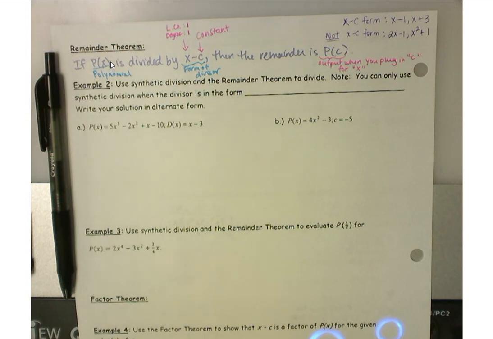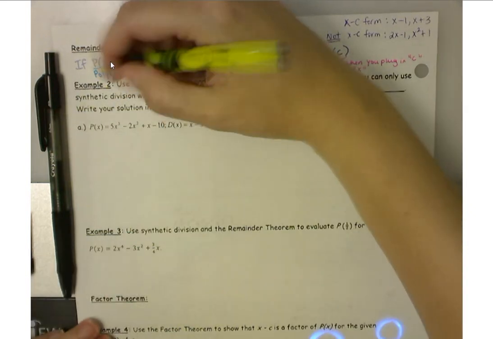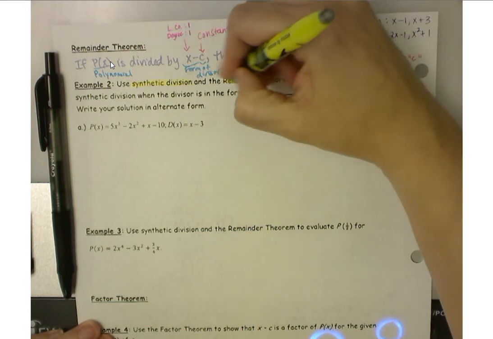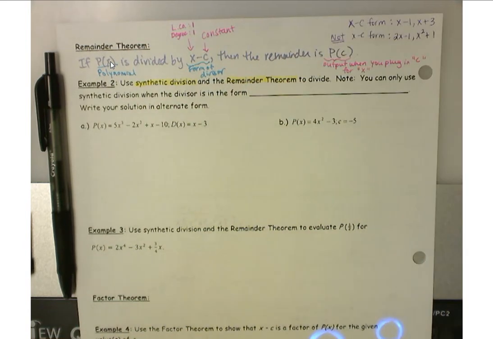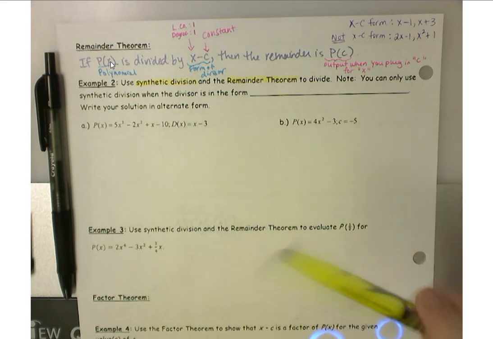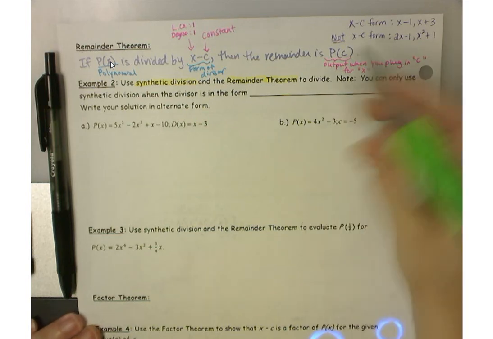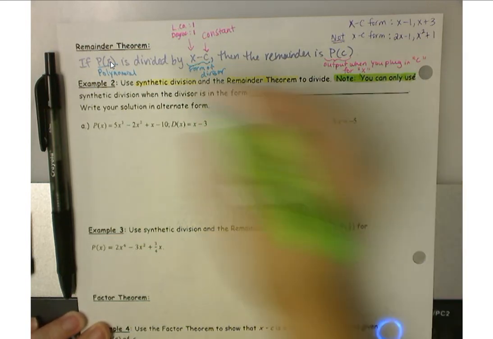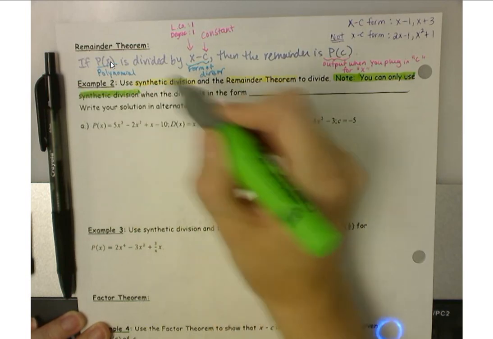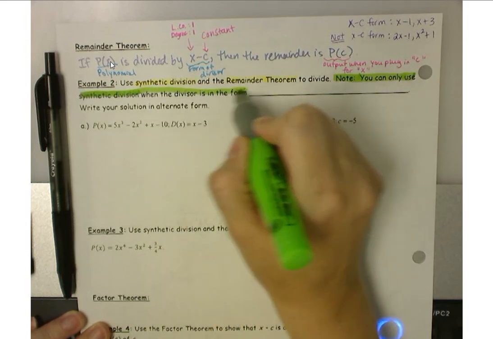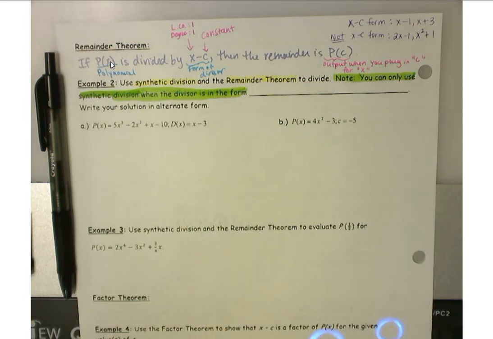Okay, so when we go to example 2, it says to use synthetic division and the remainder theorem to divide. Really we are just using certain pieces of the remainder theorem. It's not going to be an integral part of this. But you do have to remember the note, which I already warned you about. You can only use synthetic division when the divisor is in a certain form.